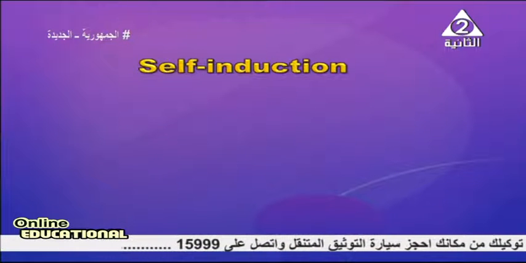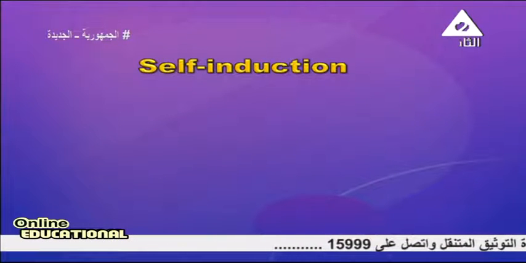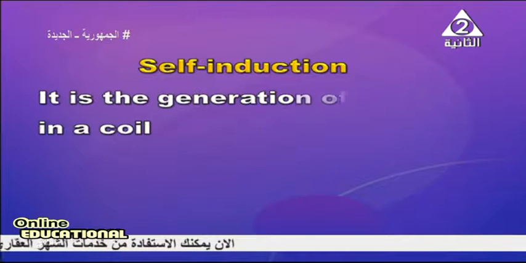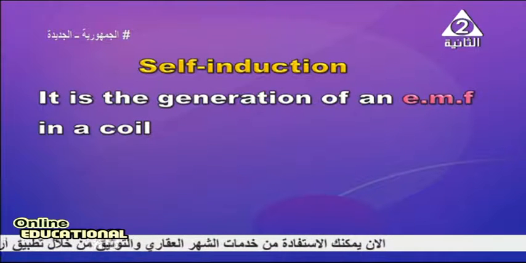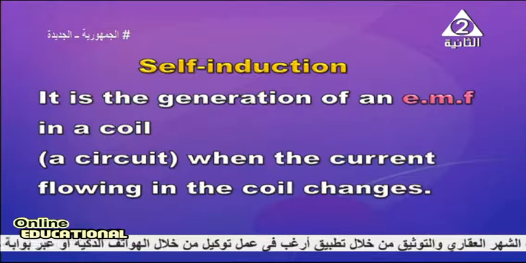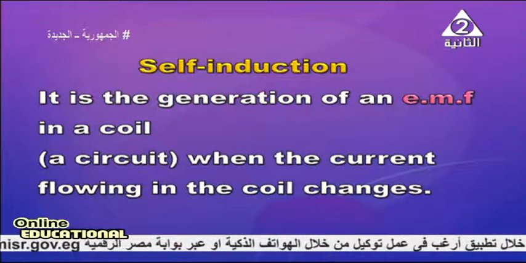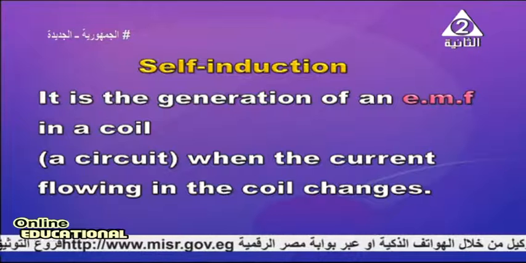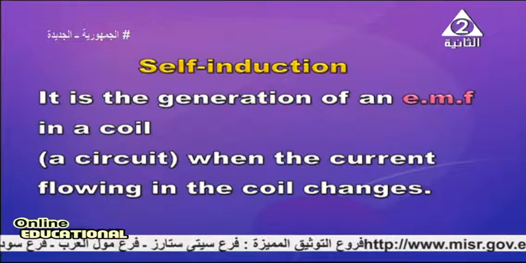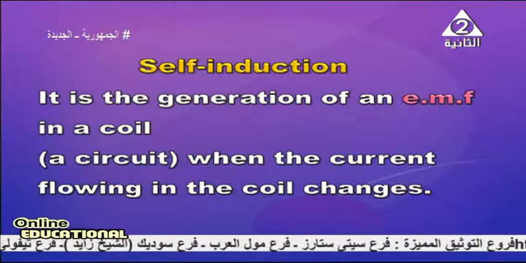And now what about self-induction? Definition of self-induction: it is the generation of an EMF in a coil, in a circuit, when the current flowing in the coil itself changes.